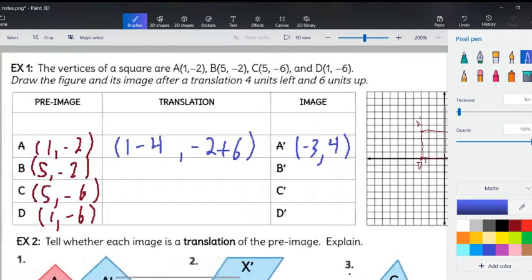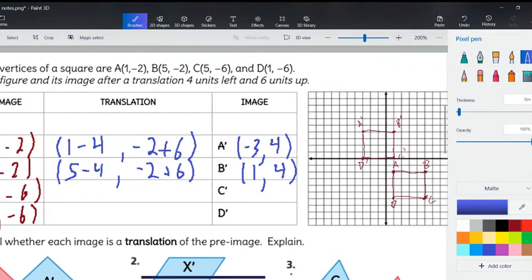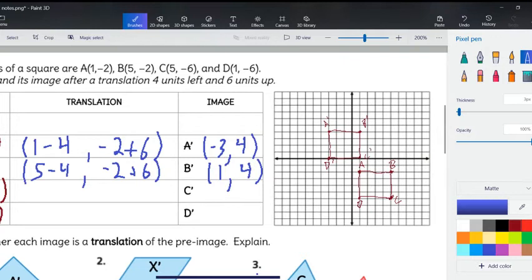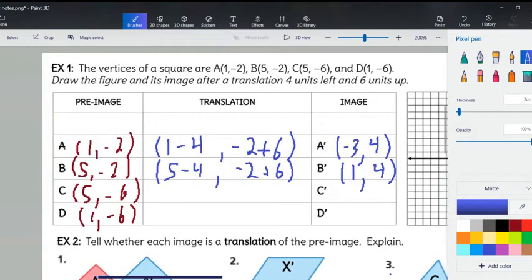All right, let's do the same thing for B. 5 minus 4, and then -2 plus 6. 5 minus 4 would be +1. -2 plus 6 is +4. Okay. We can check that. Our B point is at +1, +4. So we're right. Okay, let's go through and do C and D as well.